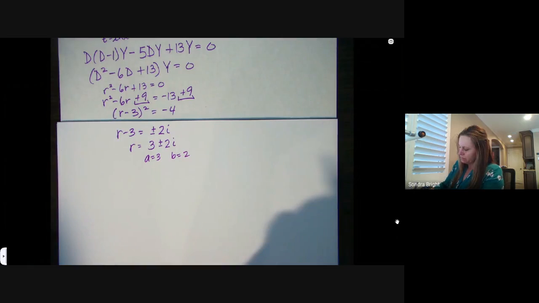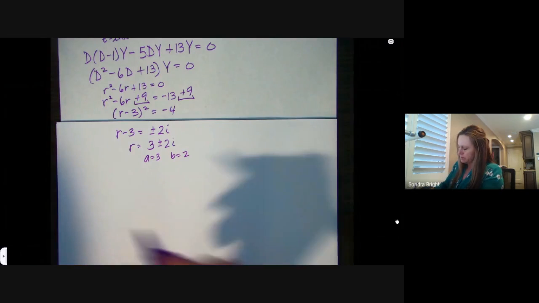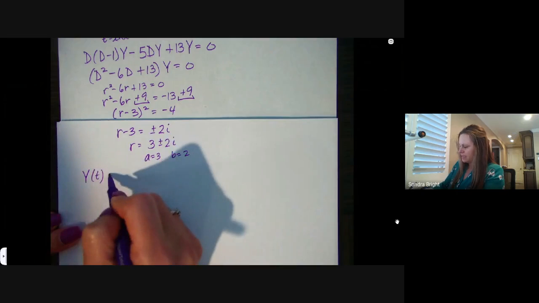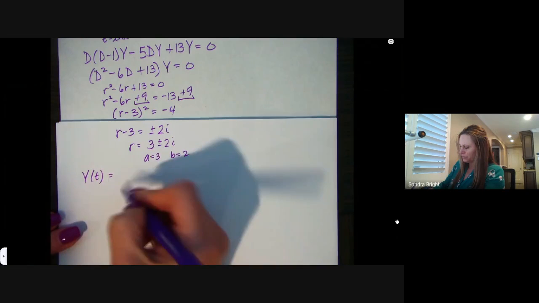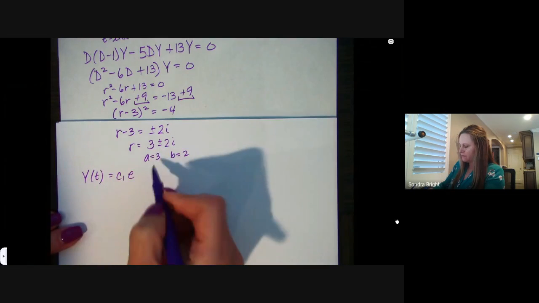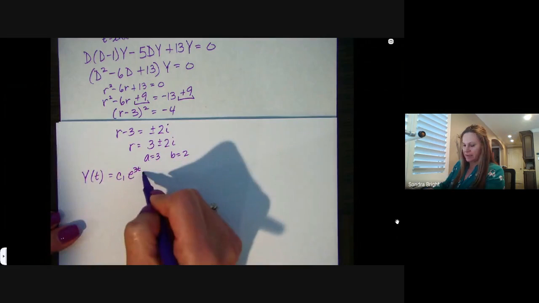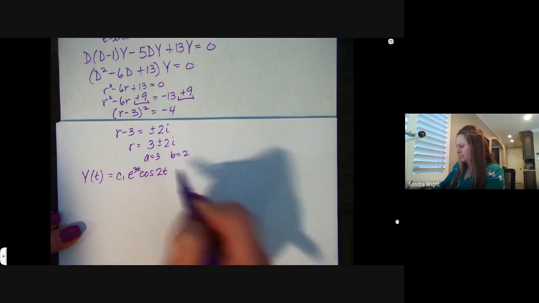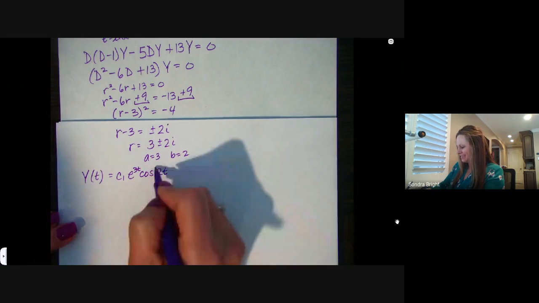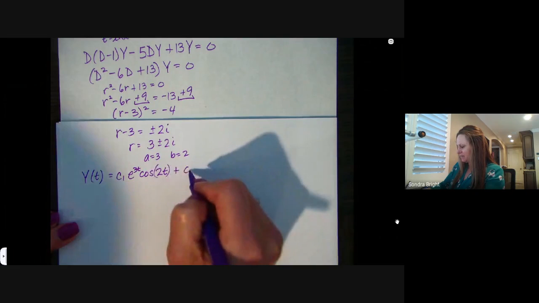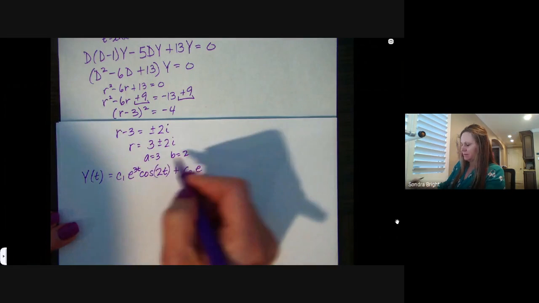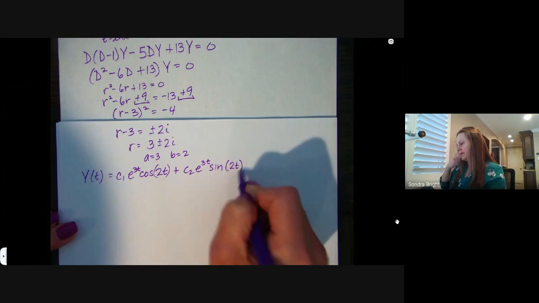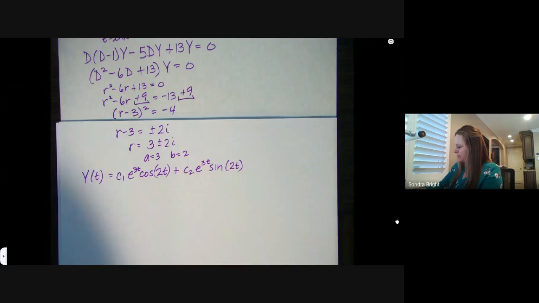And so we've got big Y is C1 e to the at, so e to the 3t, cosine of bt, so 2 times t, and then plus C2 e to the at times sine of bt. All right, and we do our substitutions.